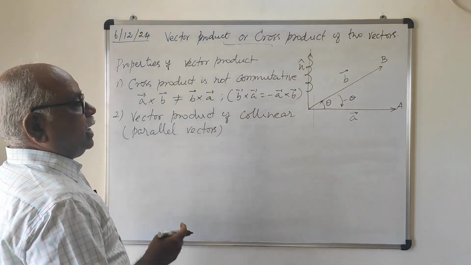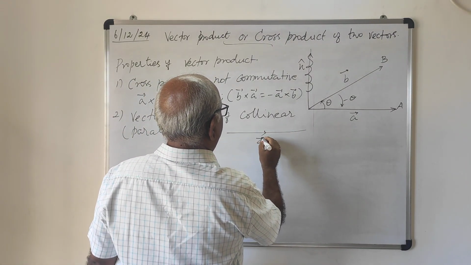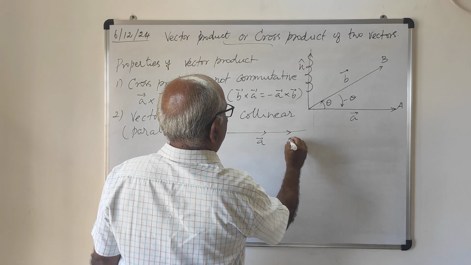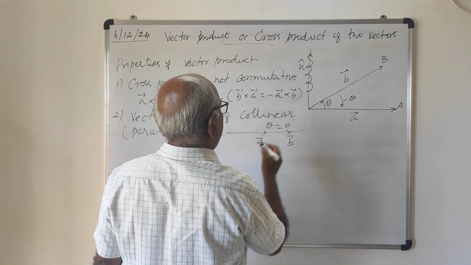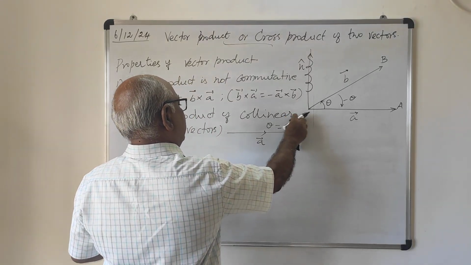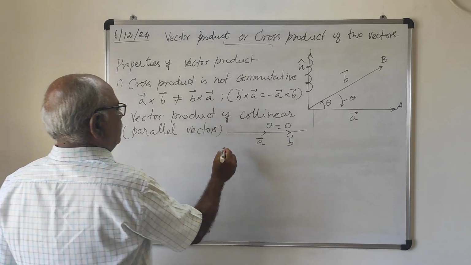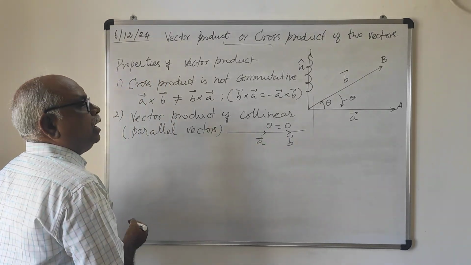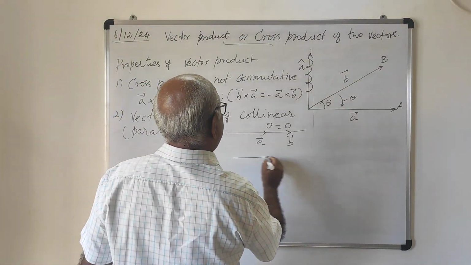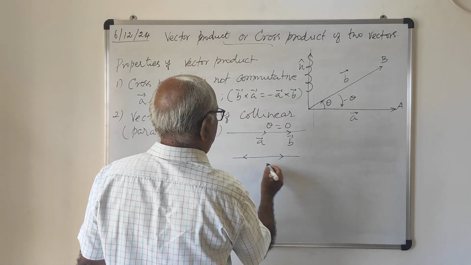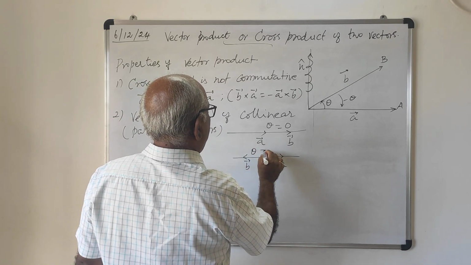If two vectors A and B are collinear, coincident, acting on the same line, in this case theta equals 0 degree. Theta is the angle between the two vectors. If it is in the opposite direction, theta is 0 or theta is pi.